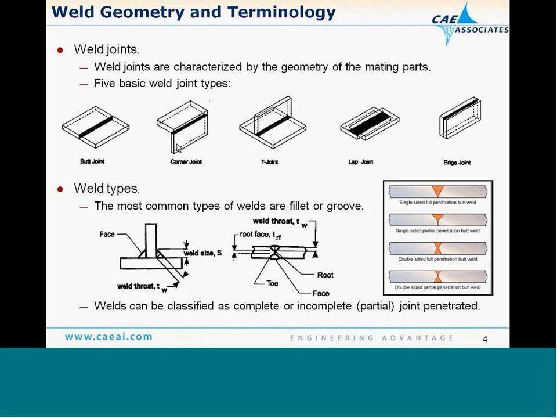The most durable weld would be a full penetration weld, maybe something like the double-sided penetration butt weld here, where not only do we have a full penetration of weld material, so we have no initial cracks that we would see with a partial penetration, but then also, furthermore, often people will grind out the toes of the weld to eliminate any local crack initiation points to further enhance the fatigue life of the welded connection.